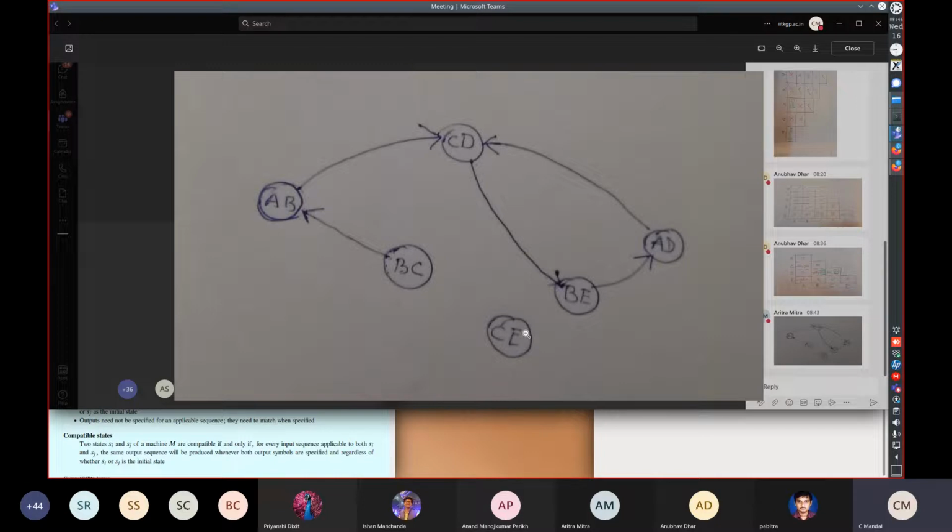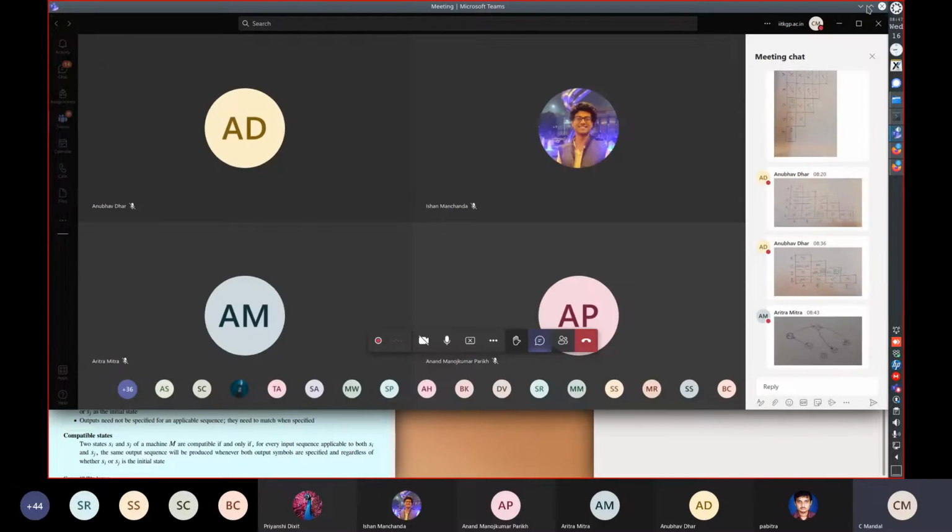So that's one reduction where you have 4 states. You combine just C and E. All right. We will revisit this. At least you understand that this is an interesting situation. We will come back to this.